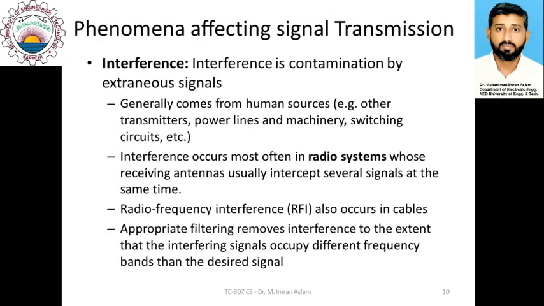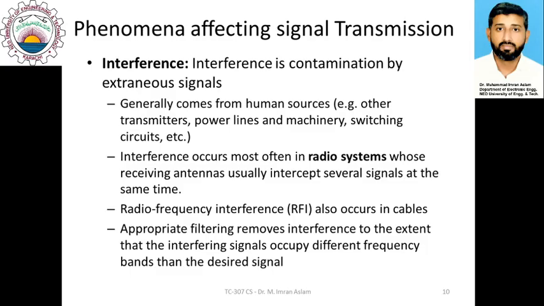Okay, the second phenomenon that we are interested in is interference. Interference is actually a contamination by some external source. Generally it comes from human sources, but in some cases there are natural sources as well. The interference occurs whenever there is more than one signal present in the same vicinity.